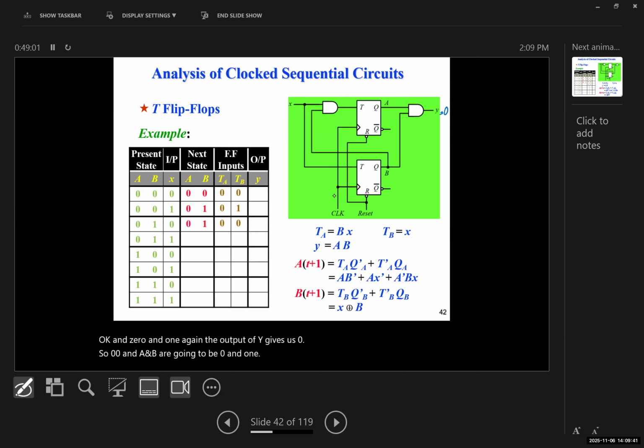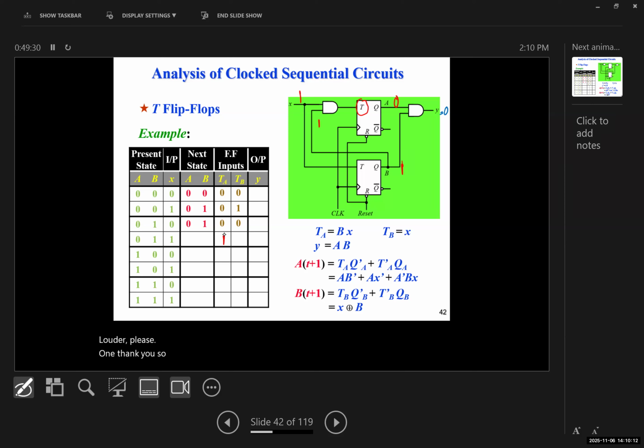Now for the next one, can you help me with the next one? A and B are 0 and 1, and X is 1. So 0, 1, and X is 1. What is TA? What is TA? Louder, please. 1, thank you so much.